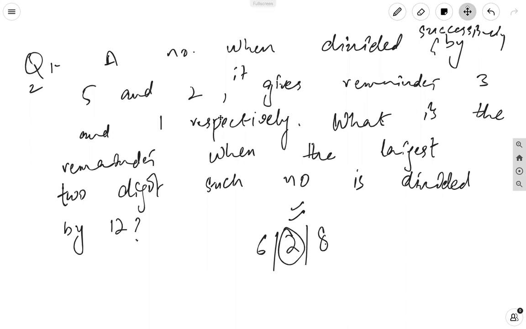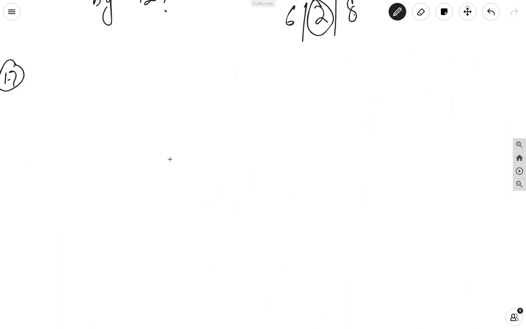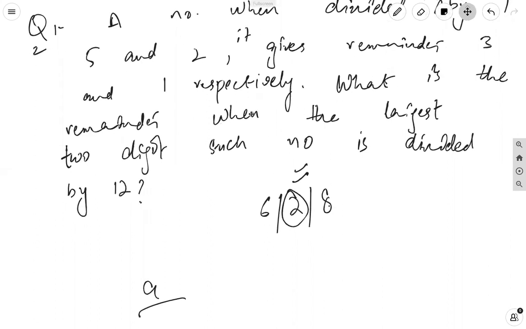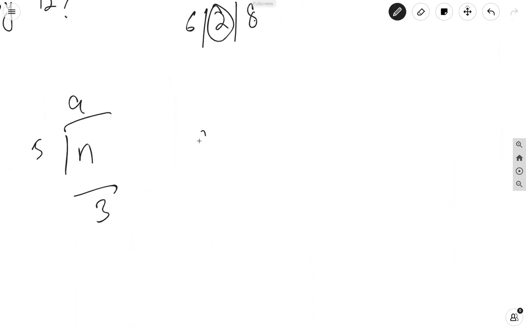The question says successive division, right? When the number is divided by 5, the remainder is 3. Let's suppose the number is n. When divided by 5, the remainder is 3, and let's suppose the quotient is a. After successive division, when it is divided by 2, the remainder is 1, right? If you take the quotient of this and divide by 2, the remainder is 1.